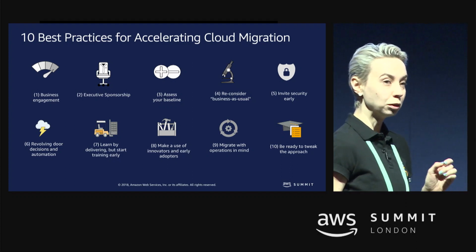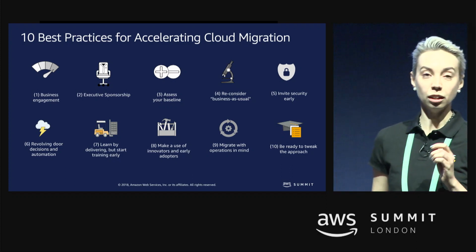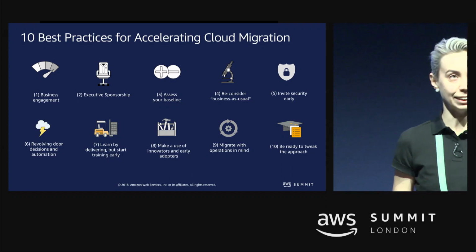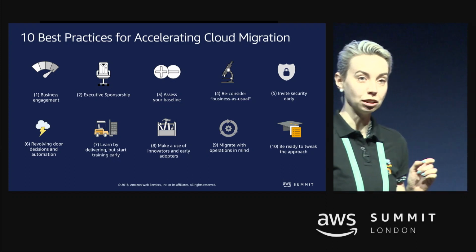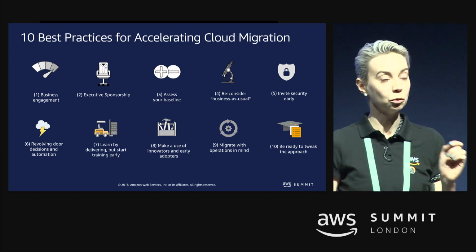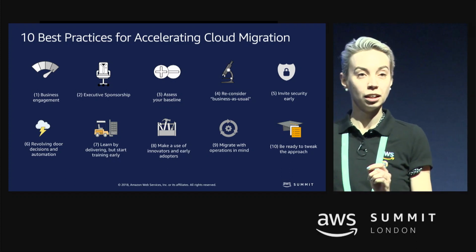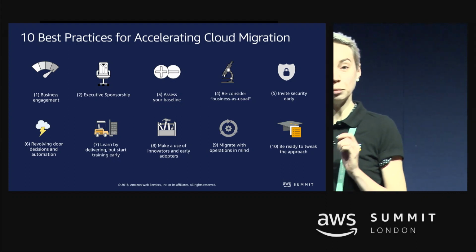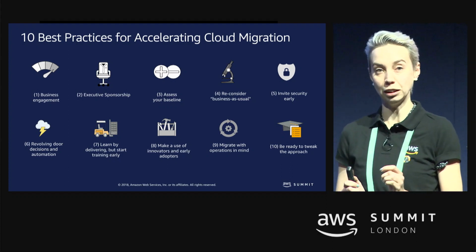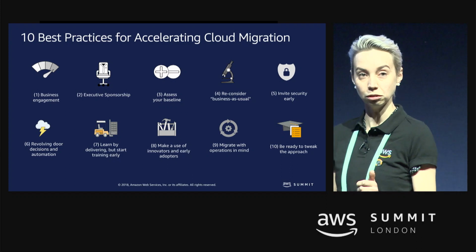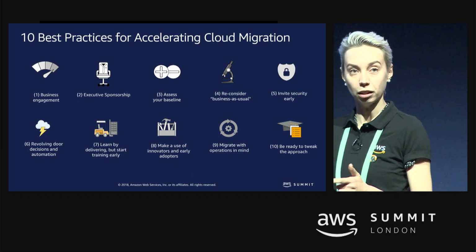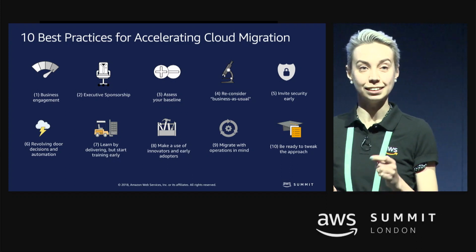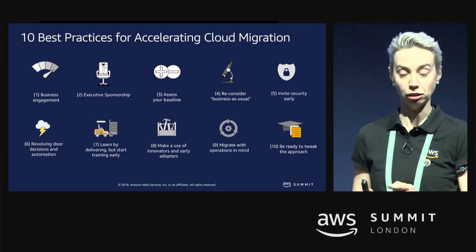And then we talked slightly about assessing and discovering your applications and trying to avoid a copy and paste approach. Then we talked about making decisions quickly and automating them, mentioned security from day one, talked about operations and design and migrating with operations in mind.